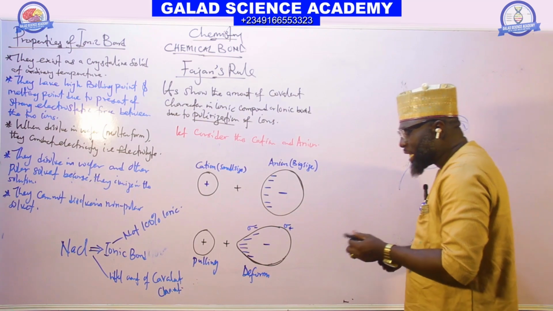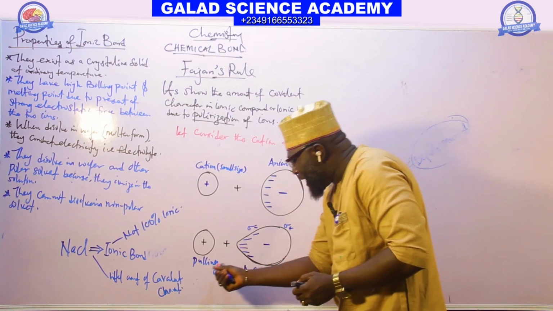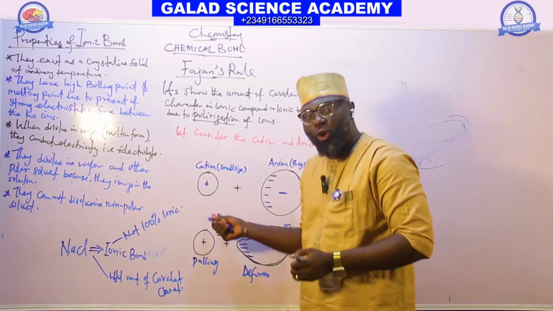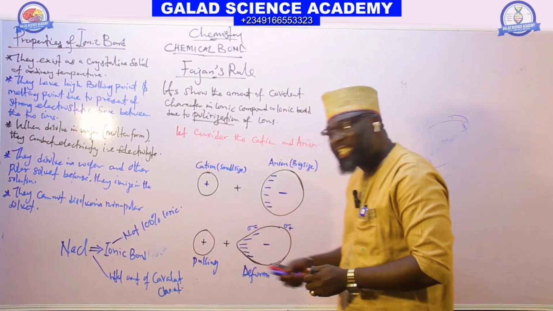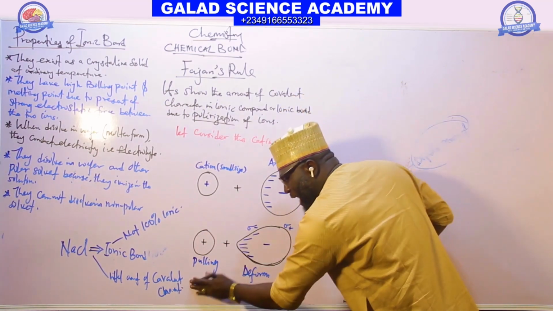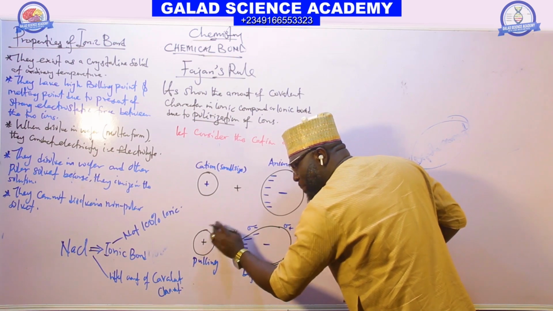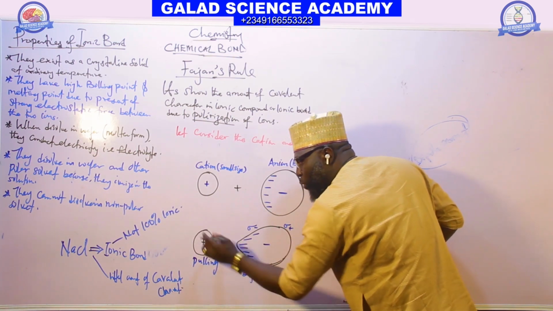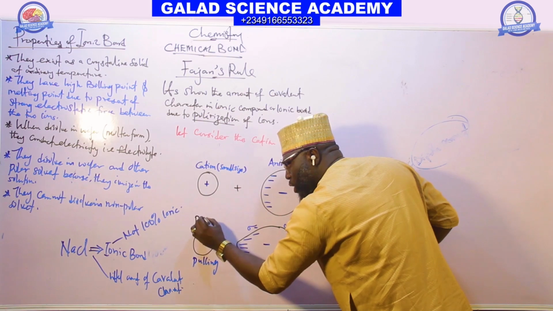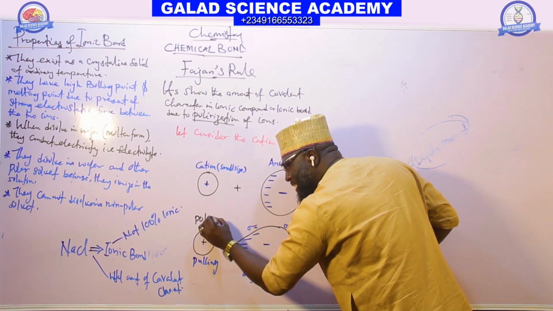And look at this. The pulling ability of the cation is called polarizing power.